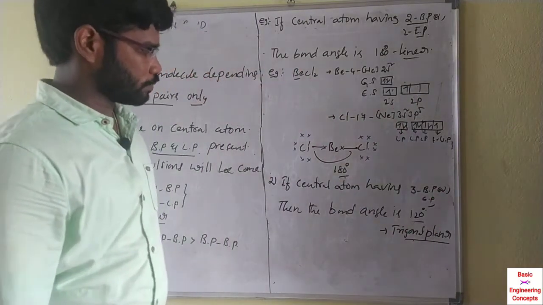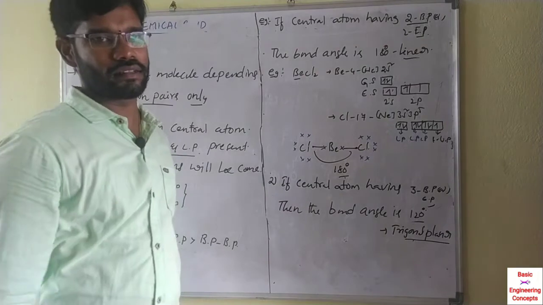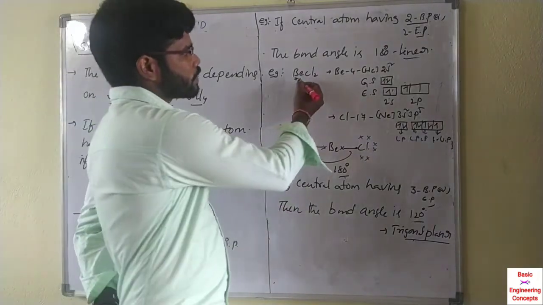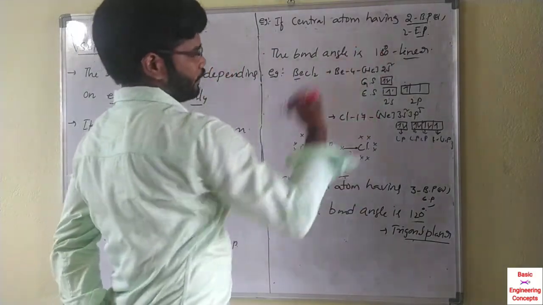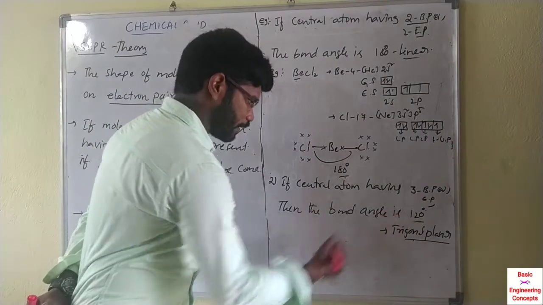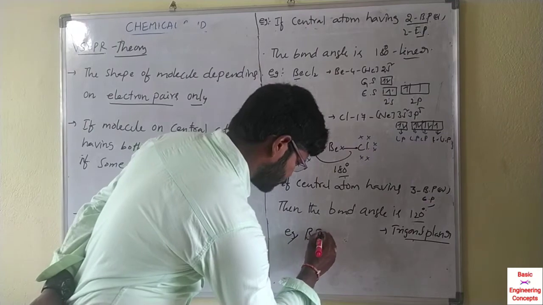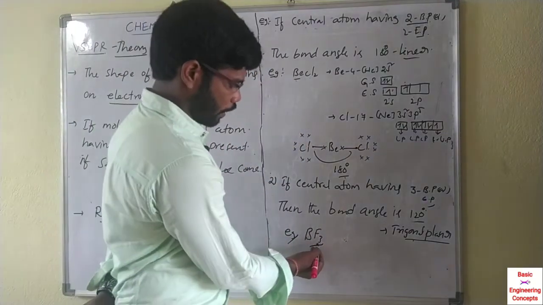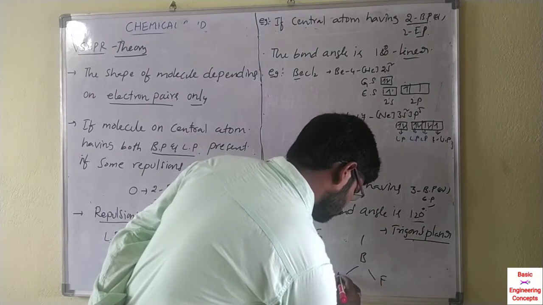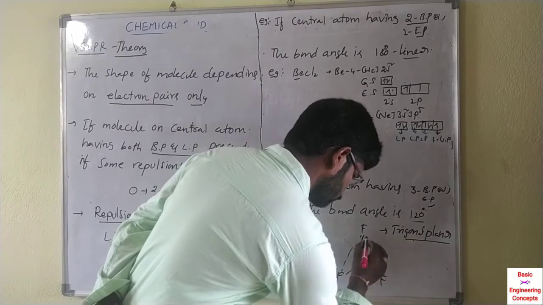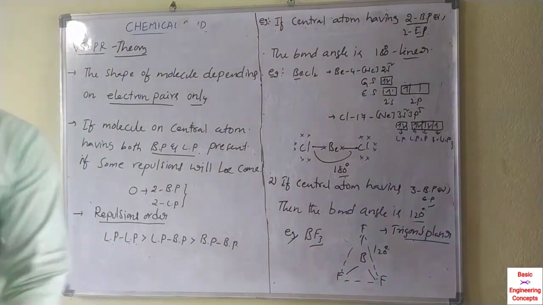Some questions will come, such as: what is the bond angle of beryllium chloride? It is 180 degrees. Here it is 120 degrees, trigonal planar. For example, BF3, boron trifluoride. The structure will be like this, and the angle will be 120 degrees.